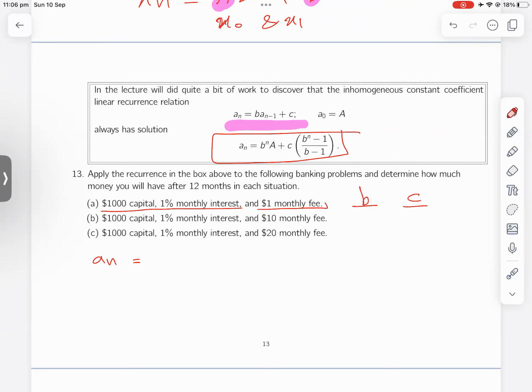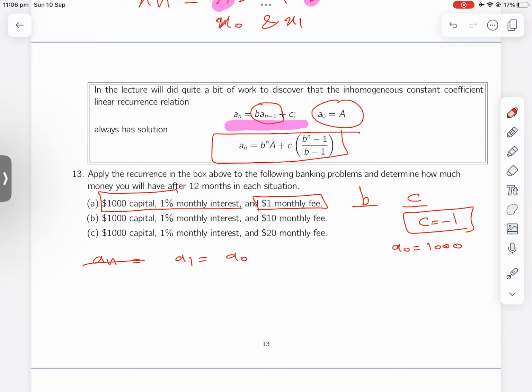So c is the easy part. C is equal to minus 1 because it decreases our investment, our money, and this part is 1% that is going to add 1%. So let's write a couple of them. A1 will be A0, which is $1,000.